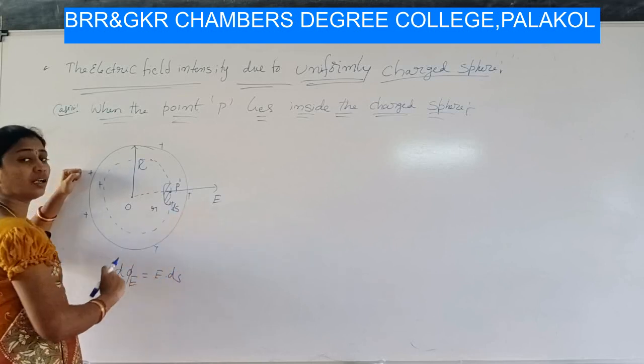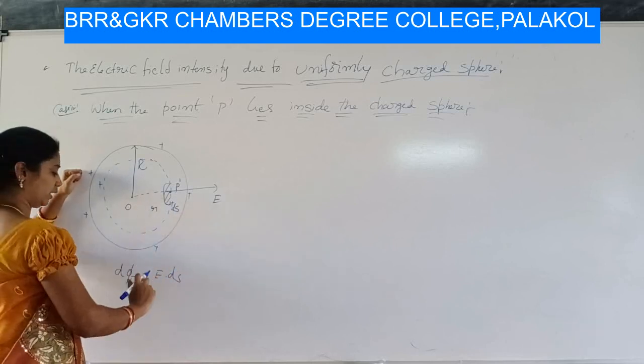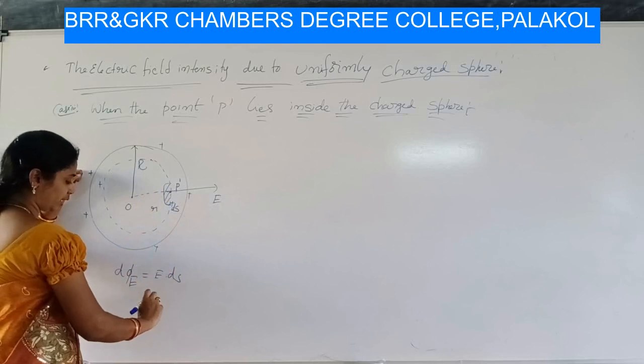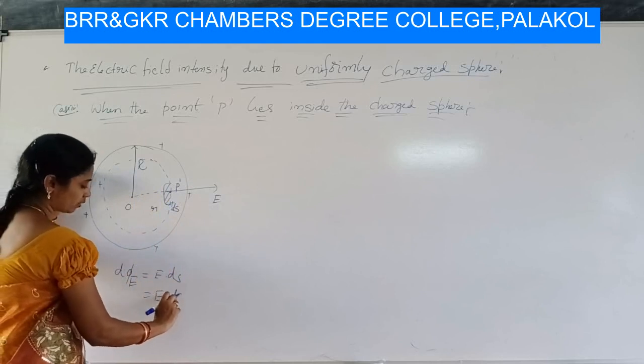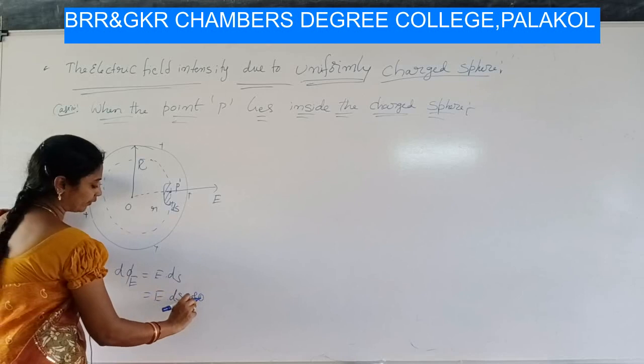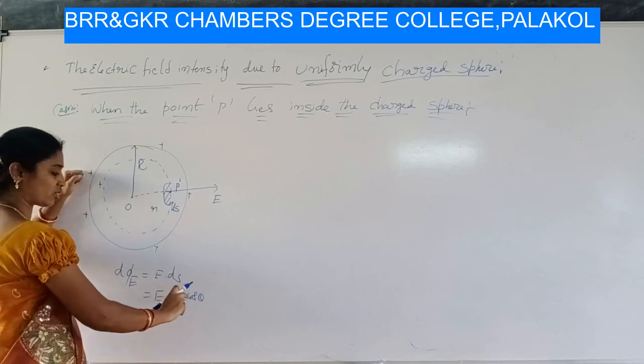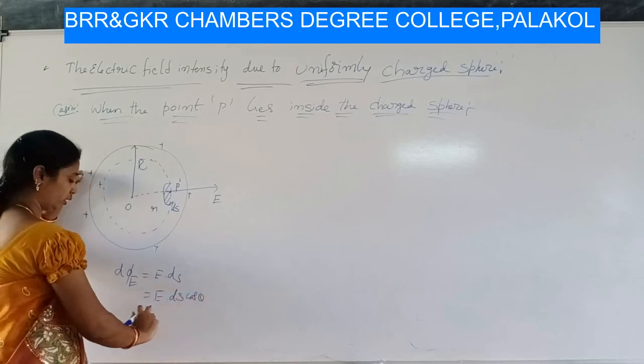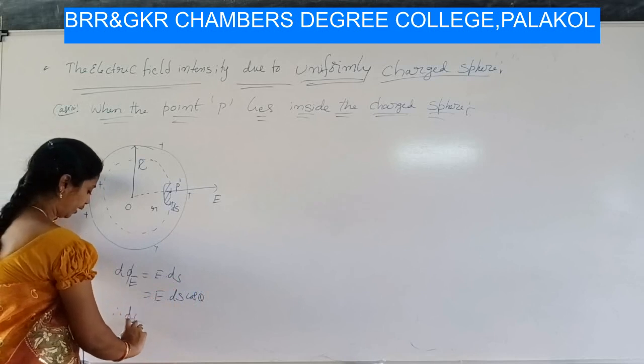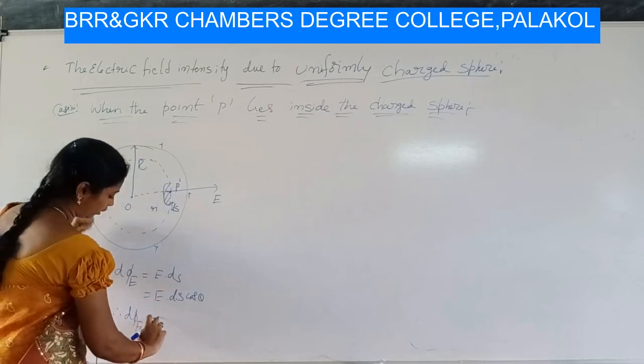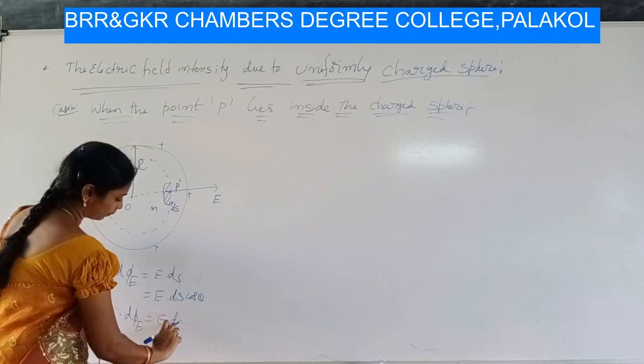Here the electric field and dS are parallel, so E dS cos theta, where the angle between E and dS is 0. Then d phi E is equivalent to E dS.